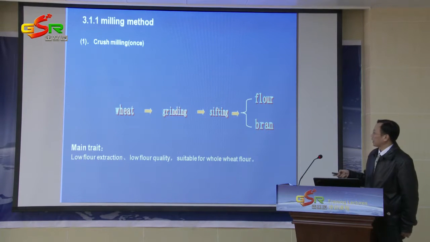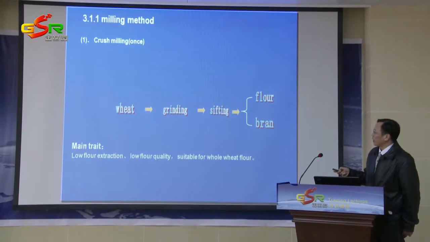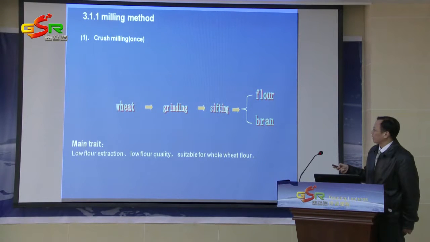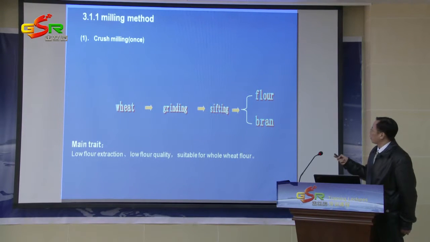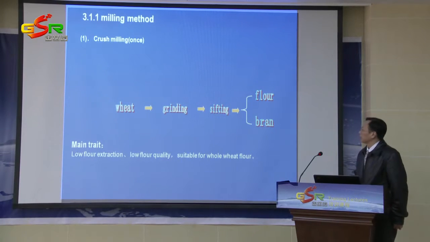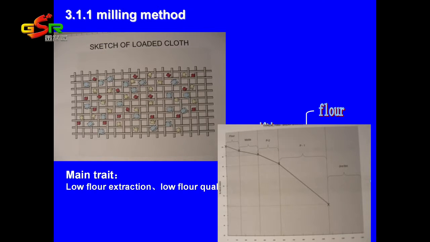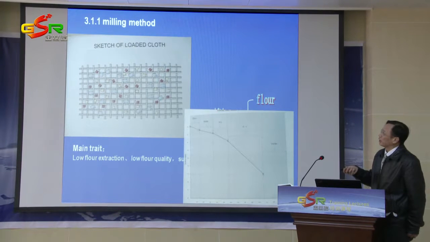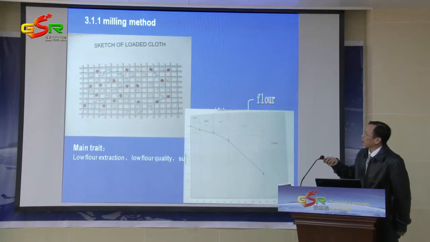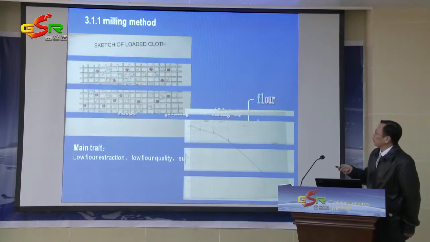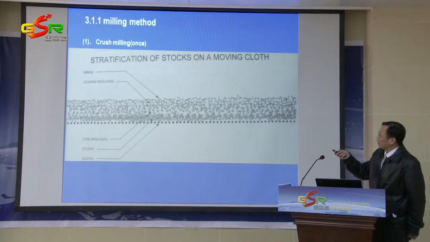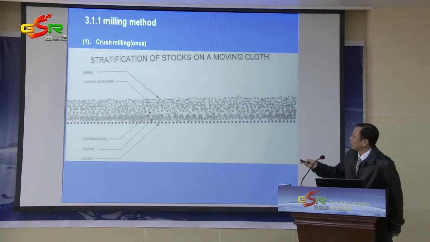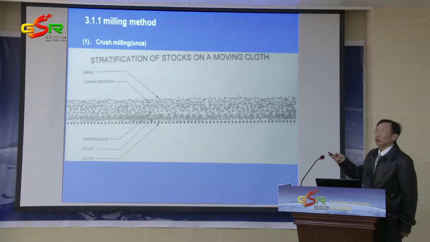We clean the wheat, grind and sift to get the flour and the bran. We just use a roller mill or stone mill to grind the wheat and use the size separator to separate the different materials after milling, just according to the size of the material.